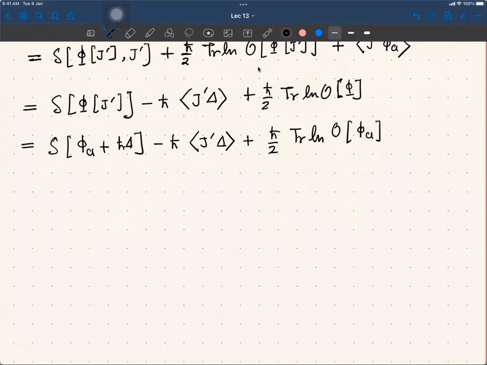So we are calculating only up to linear in h bar, and that's higher order, so we can neglect it.